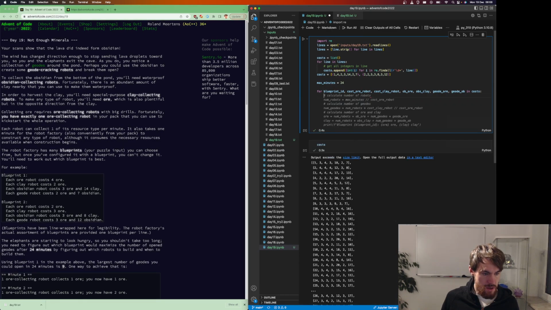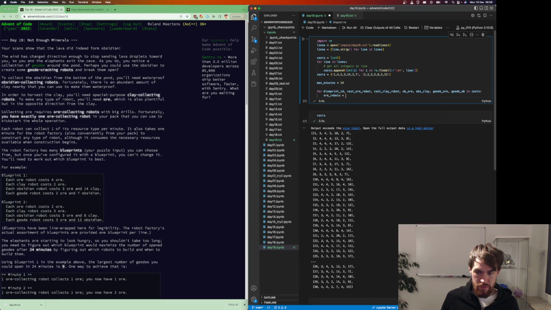So robots is 1 ore, 0 clay, 0 obsidian, 0 geodes. Ore, clay, obsidian, and geodes. Robots.